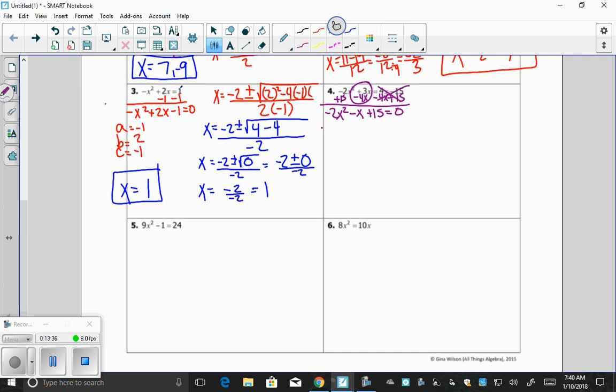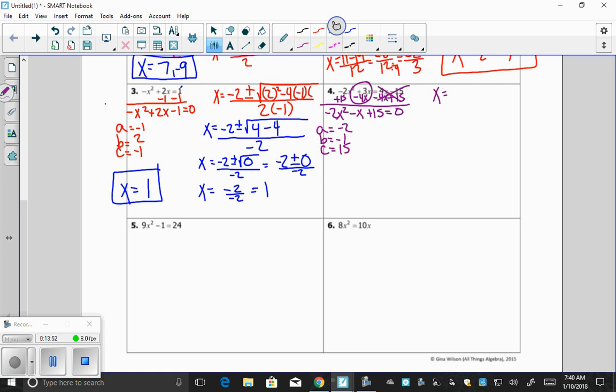Label A, B, C. My A is negative 2, my B is negative 1, and my C is 15. Plug it into your formula.